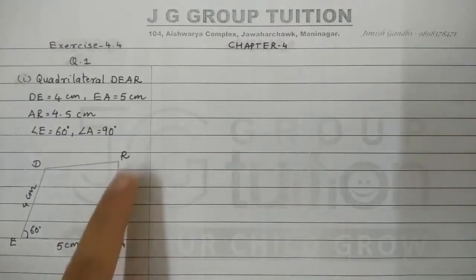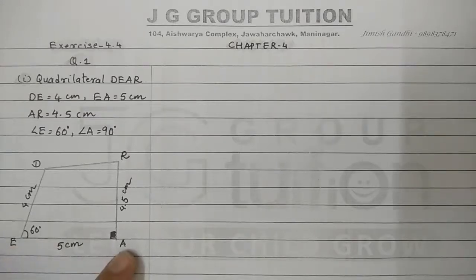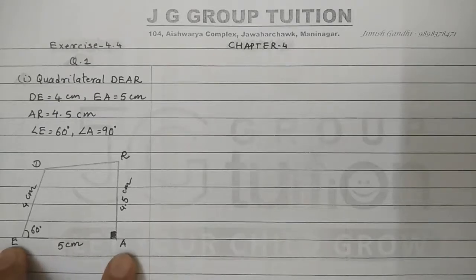The same for AR. So remember students, whenever we want to construct the quadrilateral, we should start with such a base where both the base angles are given. So here we will start from EA, because we have both angle E and angle A, and we have the length of the side EA.